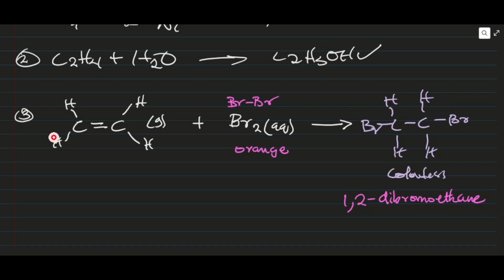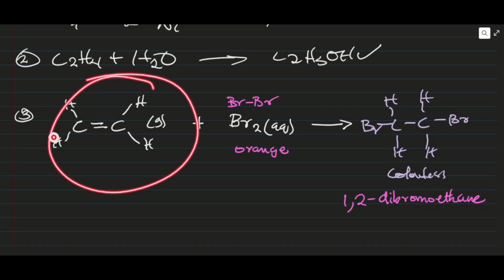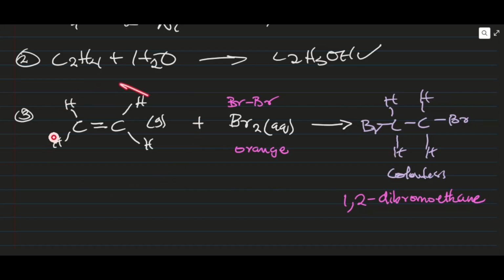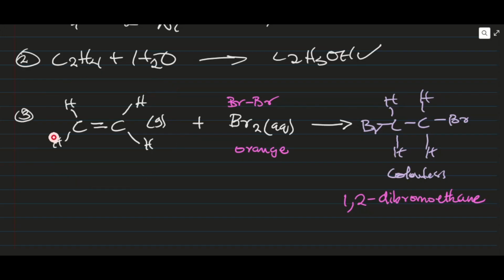Again, if you add bromine, which is orange, to a substance that you suspect to be an unsaturated compound, and the color does not change, it means there is no reaction between both of them, so that substance is not an unsaturated compound. That is why we use this method to test for unsaturation.